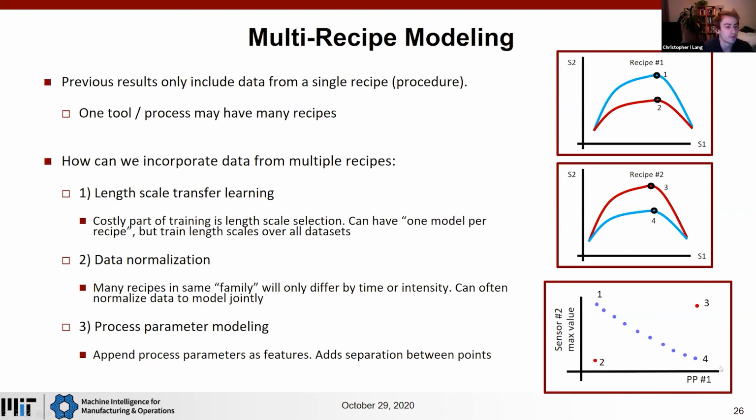So if we have another axis, which for example in this case could be a process parameter that differs between recipe 1 and 2, now when you compare point 1 and 3 here, if you don't have this process parameter as an additional feature, they'll look the same. But if you add this as an additional feature, you'll add separation between these two points. And when you see this point 3, it will not say that it's similar to point 1, because even though they're the same in their sensor values, they differ in their process parameters. So you will not end up incorrectly classifying this fault.